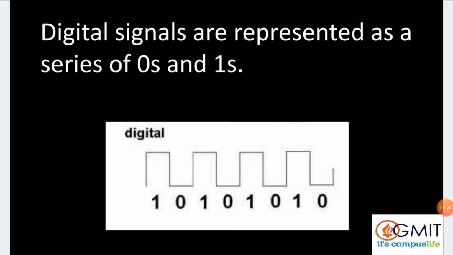What is the actual need of encoding? Number 1, program compiling and execution. Number 2, transmission, storage and compression or decompression.